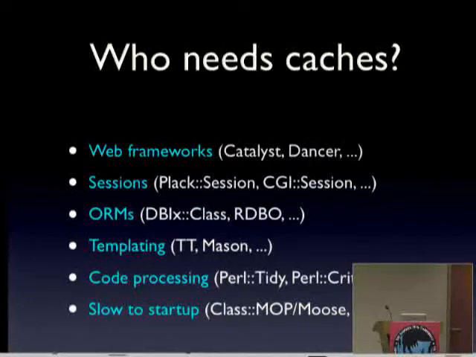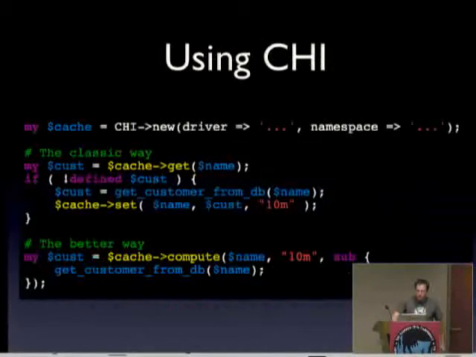And I realized you don't want to have to process every file every time. You want to have a cache so that if the file hasn't changed, you don't process it again. So even there, you need a cache. And at some point, I would love to try to tackle Moose's startup time and see if there's a way to use caching there to improve startup time. So the point is, there's lots of places that need caches.